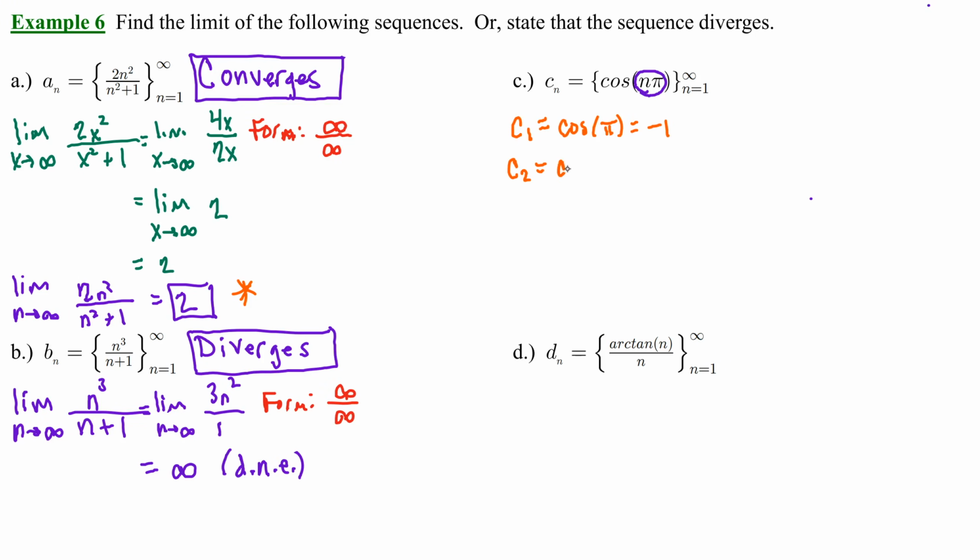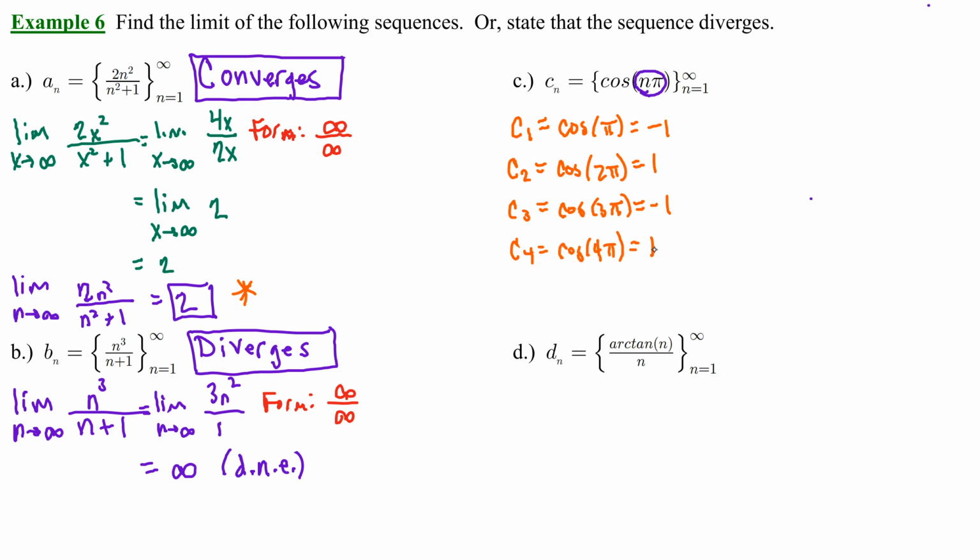If n is 2, we're calculating cosine of 2 pi, which is positive 1. C sub 3, we calculate cosine of 3 pi, that's equal to negative 1. Are you beginning to see the pattern? If n is 4, cosine of 4 pi is equal to 1.